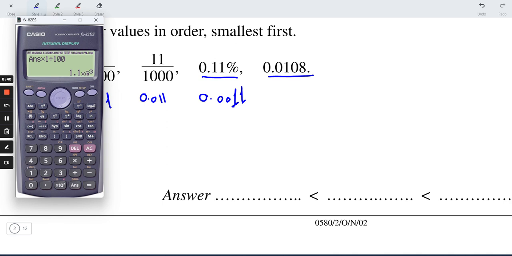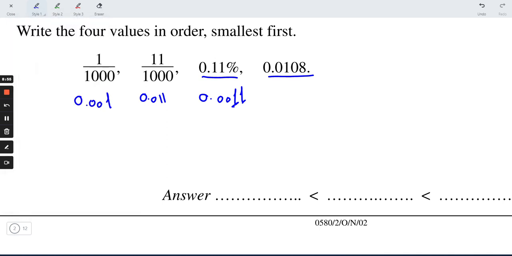You can change it again to 0.001, because minus 3 here means you are dividing by 1000 and moving the decimal point to the left 3 places. So here we changed them all to decimals, all in 4 decimal places.